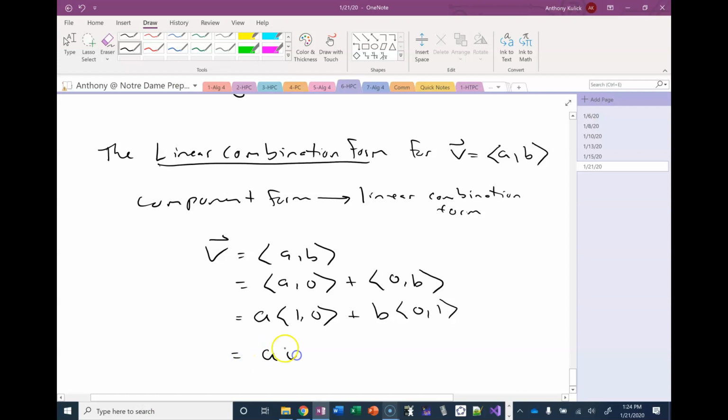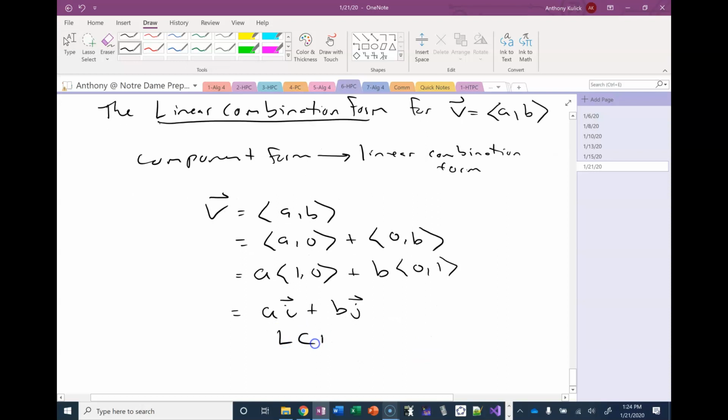And remember, 1, 0 is my vector i, and 0, 1 is my vector j. So this is my linear combination form here. It's written as the sum of a scalar times these two unit vectors.